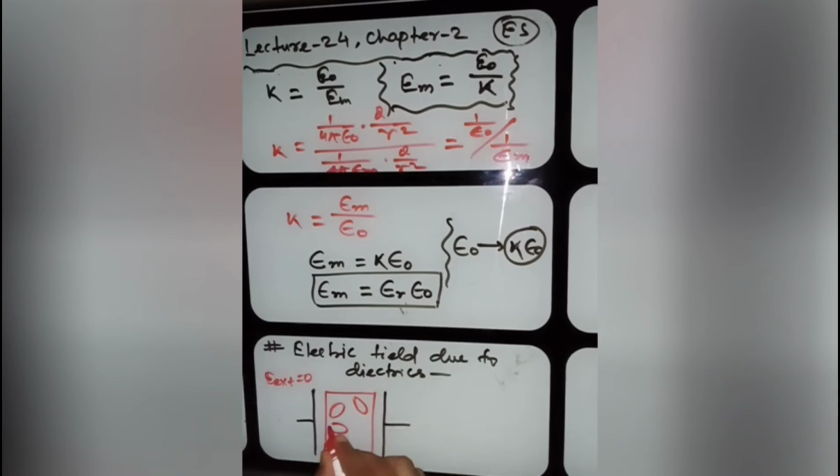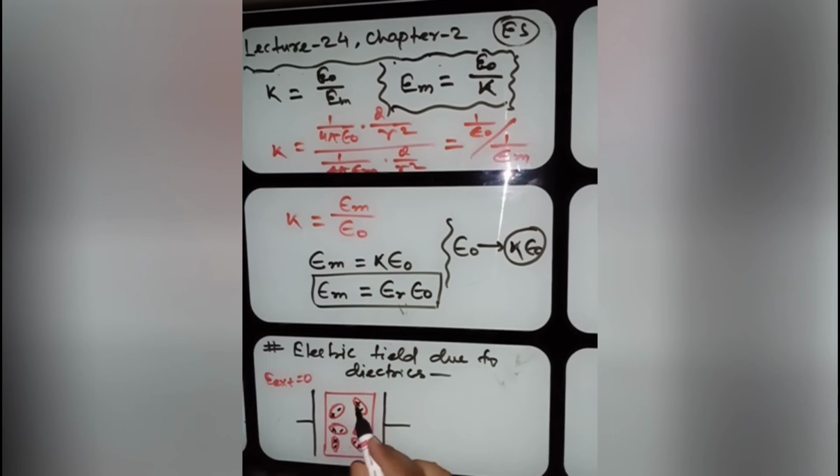In this case, the atoms of the dielectric are oriented here and there, and positive and negative charges are arranged in their own way. Remember, there will be a dipole moment of individual atoms if they are polar dielectrics.